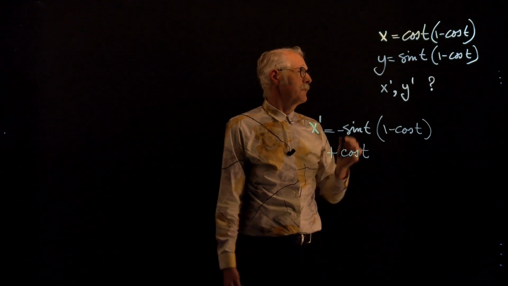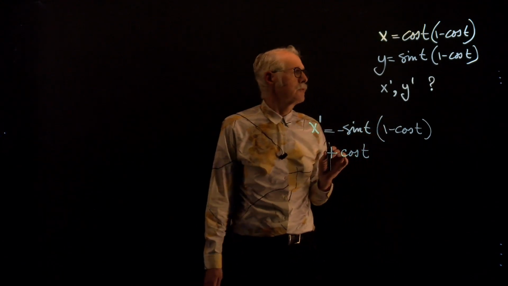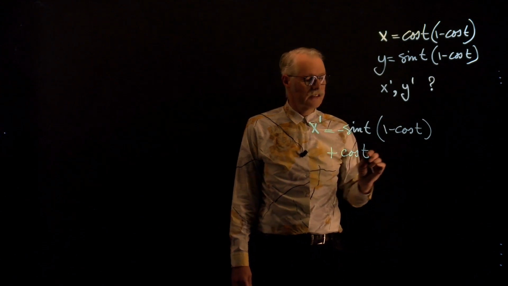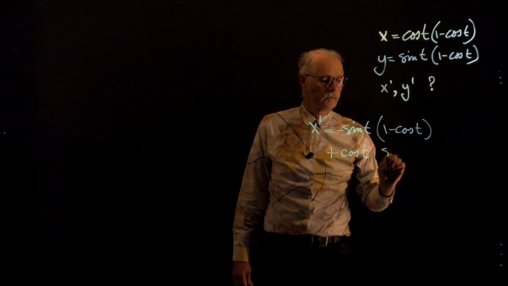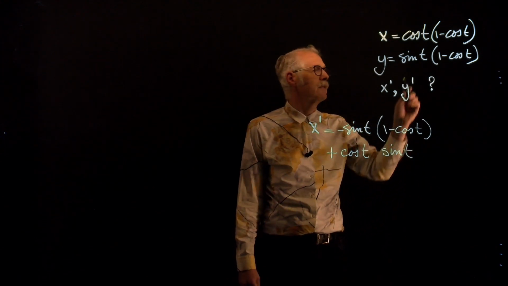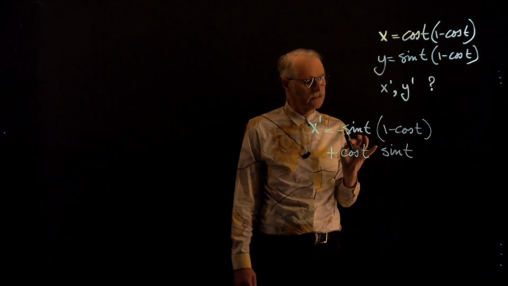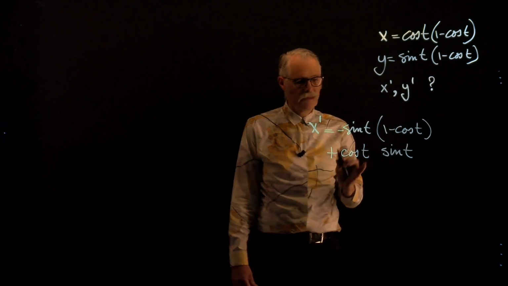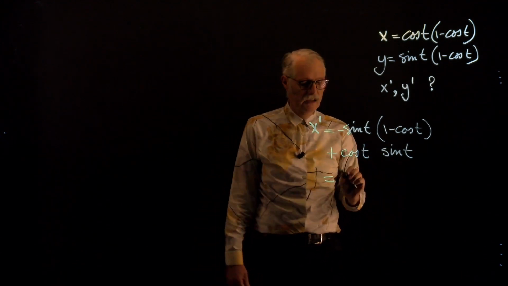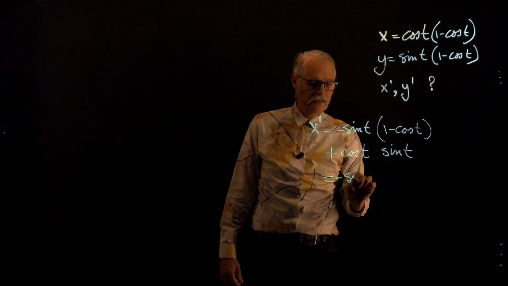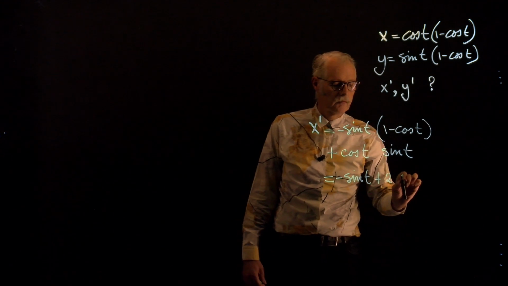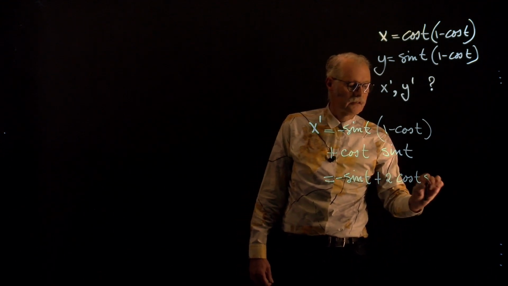The derivative of 1 is 0, so I forget about that. I take the derivative of minus the cosine, that's the sine again, but I have to add a minus sign, and actually there is already a minus sign, so that cancels out. And if I clean up these pieces, I find that it's minus sine t plus 2 times cosine t sine t.